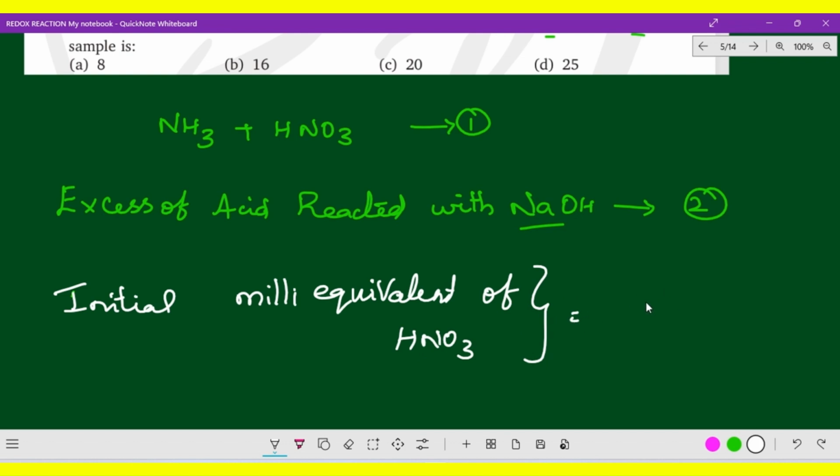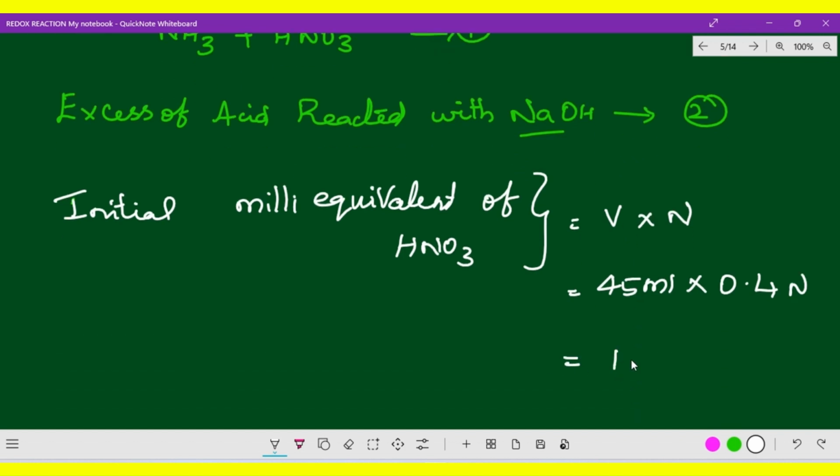The formula I just mentioned is volume into normality. Volume is 45 ml, into normality 0.4 N. How much are we getting? 18 milli equivalent.